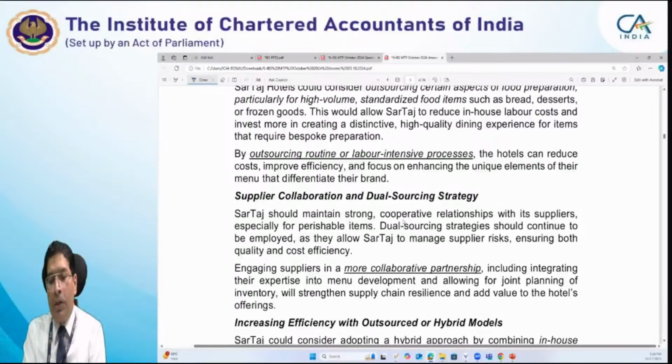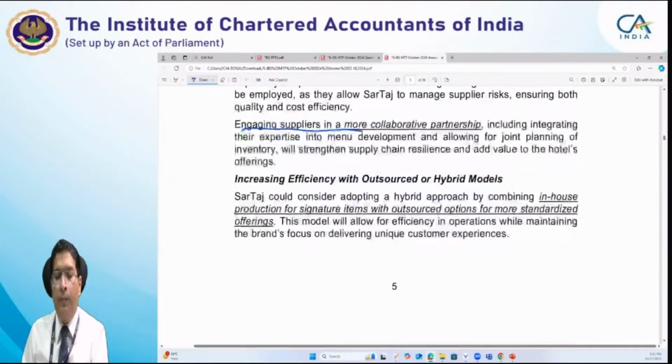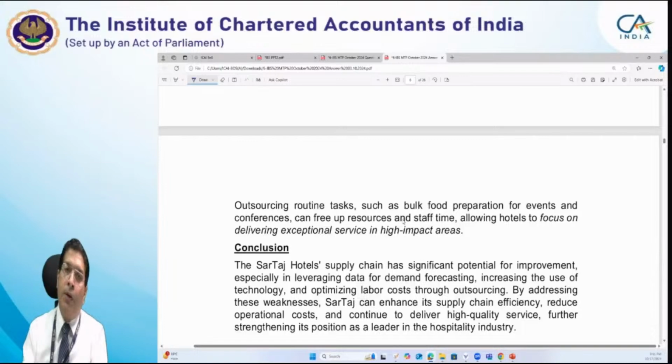Supplier collaboration is also very important. Engaging more supplier will be helpful. Again, increase hybrid model, including outsourcing. In this way, you can improve the supply chain.